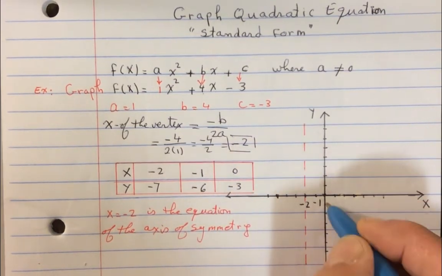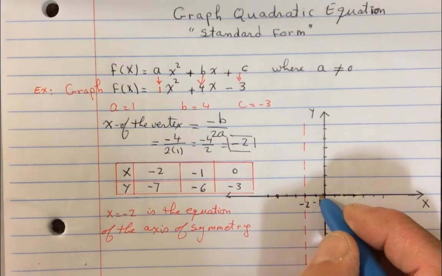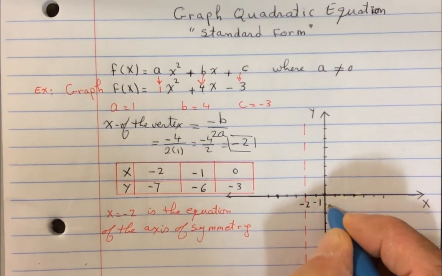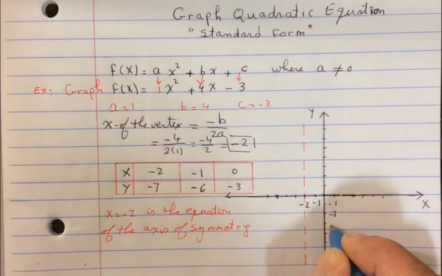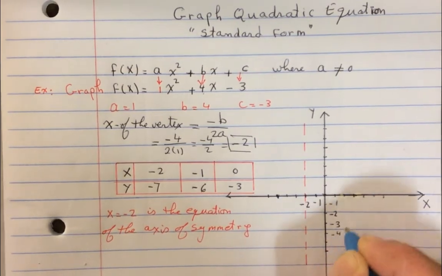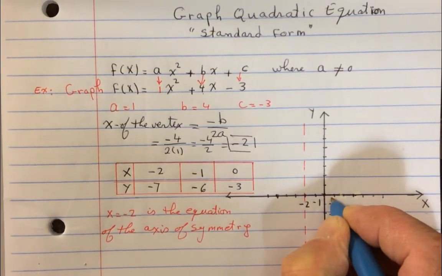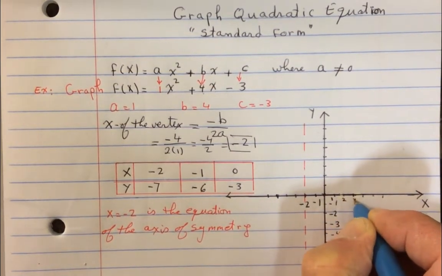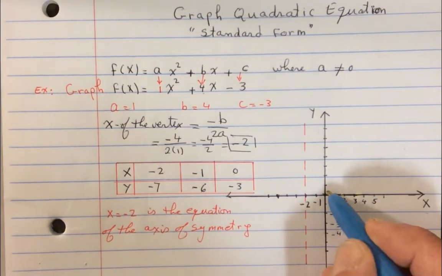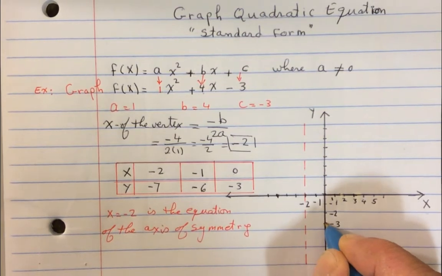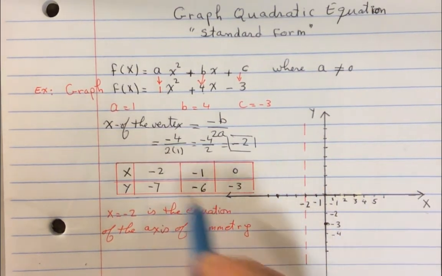So now 0 and negative 3 is your y-intercept.